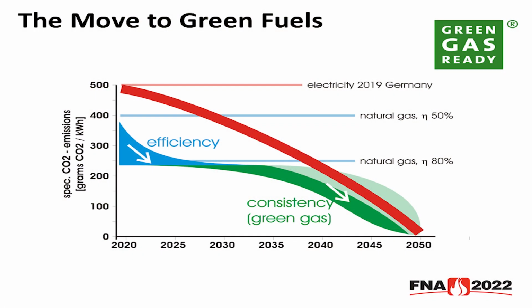So after that, the only way to reduce CO2 emissions further with chemical energy will be by the movement to green fuels, such as hydrogen and ammonia. Electricity will also become greener over time. So somewhere way out here, you'll probably see similar emissions resulting from either chemical or electrical energy.